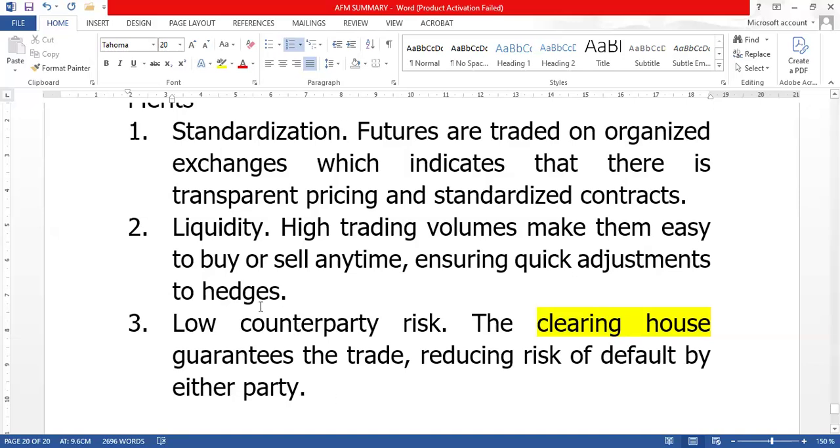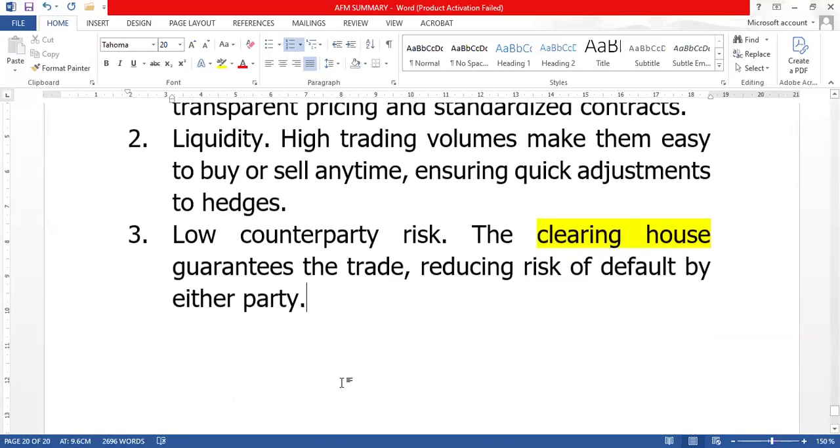We have already talked about price transparency, because prices are quoted, and it helps you as a firm to monitor the market expectation of future interest rate changes. It is also easier to enter and exit, another point you can put.